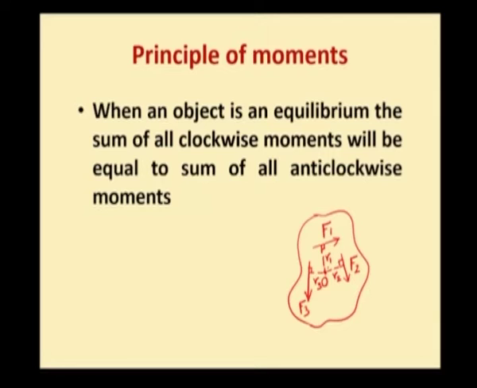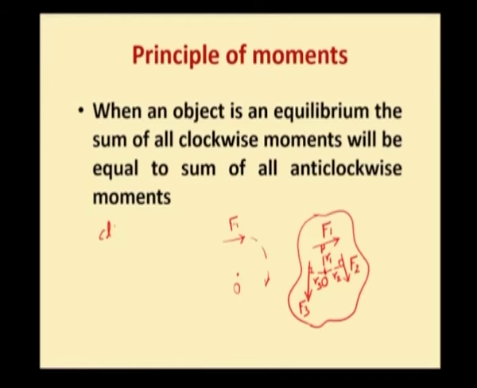Hence, according to this theorem, now let us consider the force F1. Force F1 about O creates a clockwise moment. Now, this is point O and the force F1 acts like this. So, it induces a clockwise moment with respect to O. So, let us keep clockwise moments as positive.